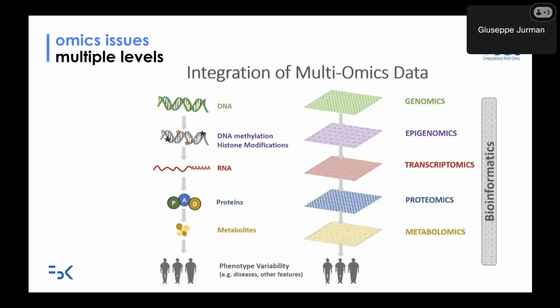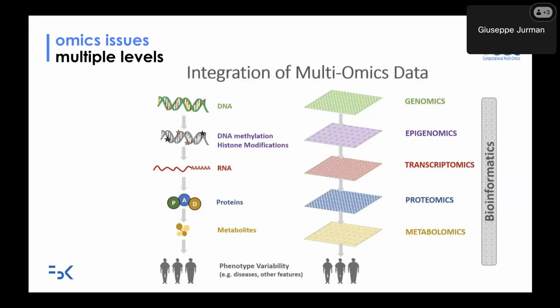So really a number of different levels. And the idea now is that reaching an adequate level of integration of all these different versions of your omics levels is needed to fully understand the biological process that you are studying.